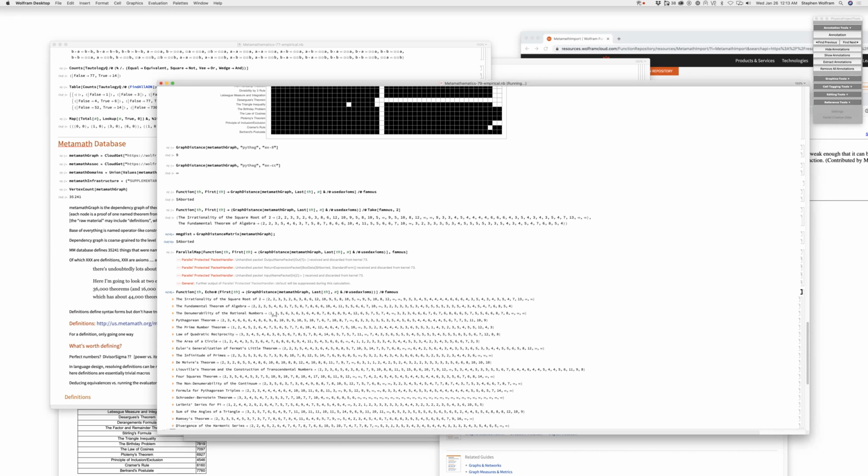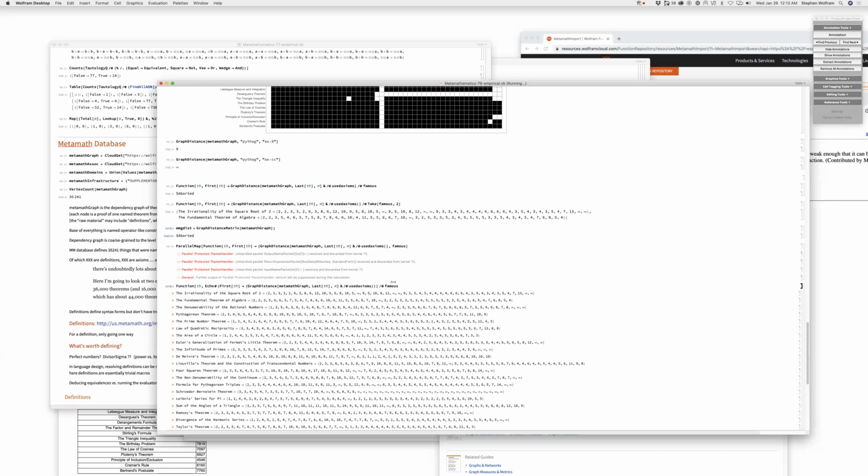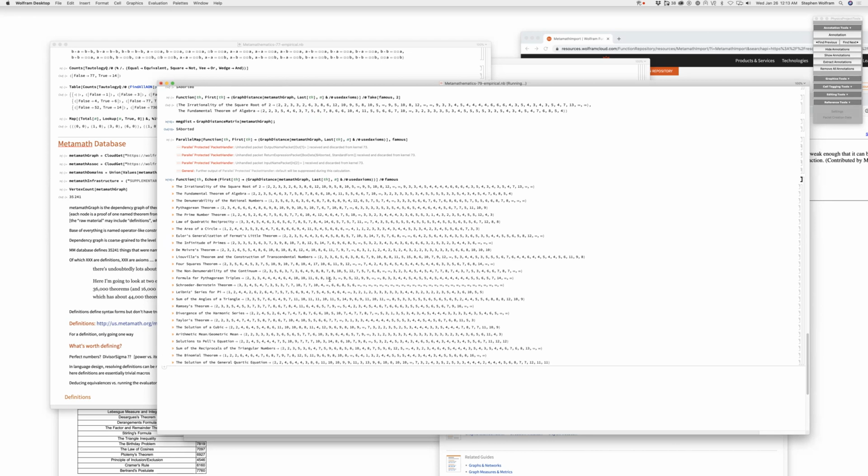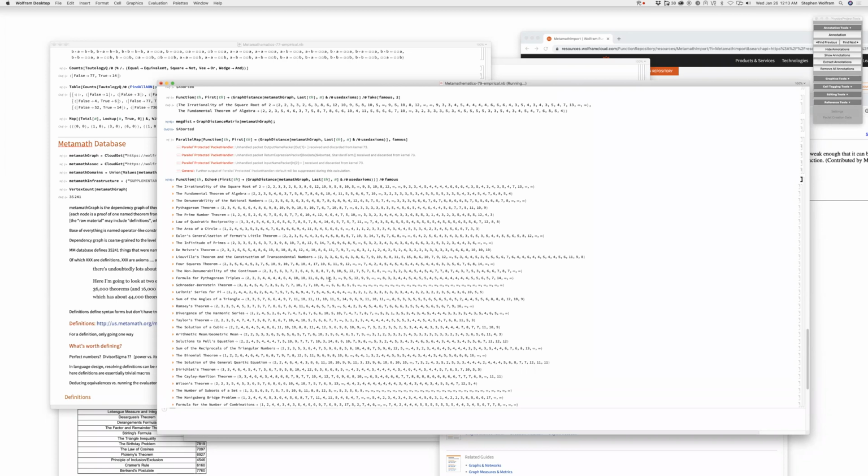Is there another database in Metamath which is based on, what's it called, Peano arithmetic? Yeah, there is one. They seem to vary quite a bit. This is going to be quite colorful, I imagine.